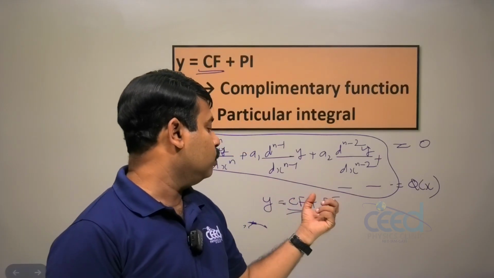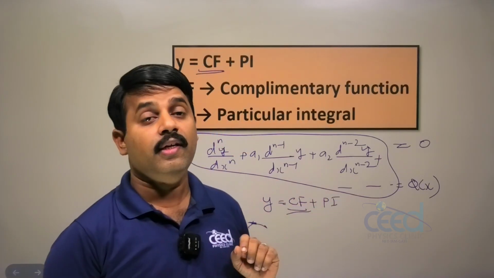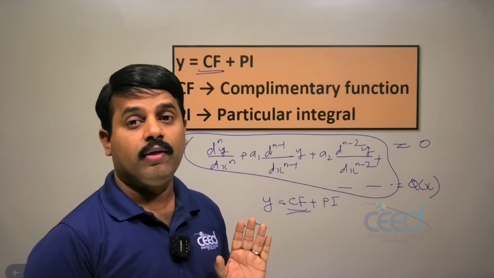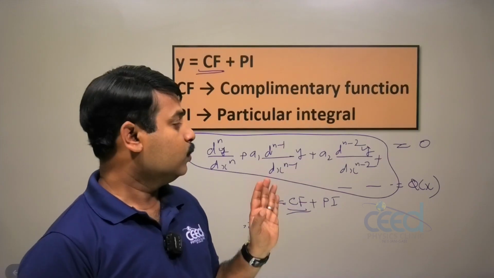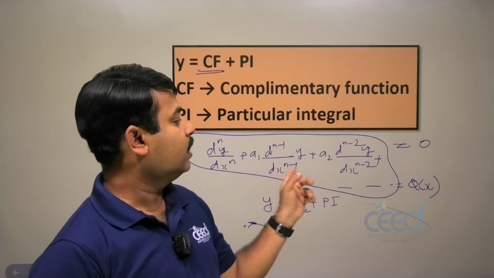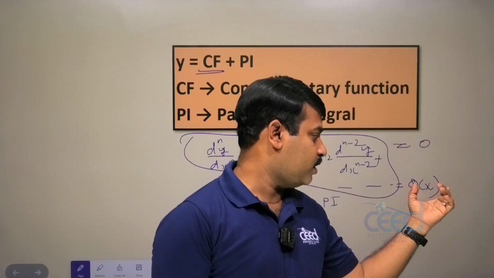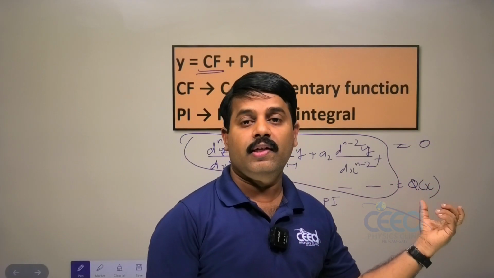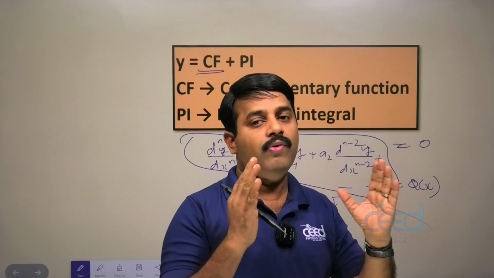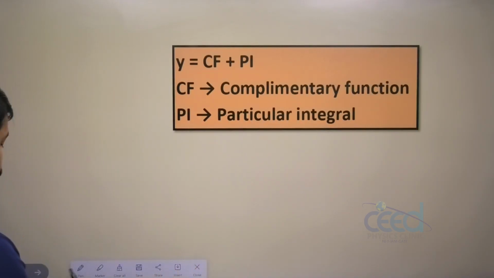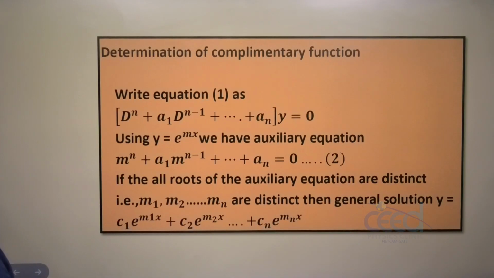If you add both solutions, that is the final solution of the differential equation. How we find each side's solution depends on the function appearing on the right hand side, and we have different methods. Very simple. Now let us go to the different methods.